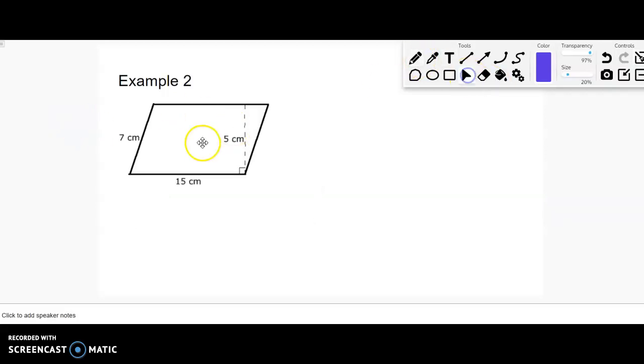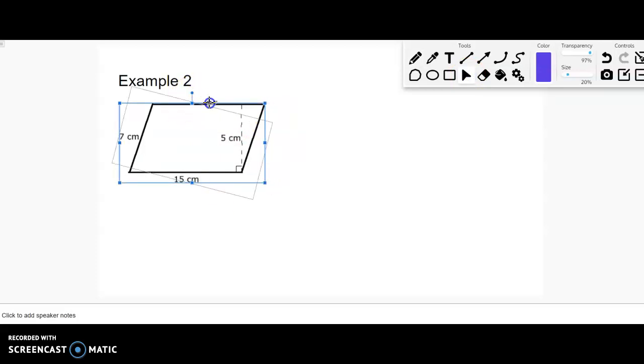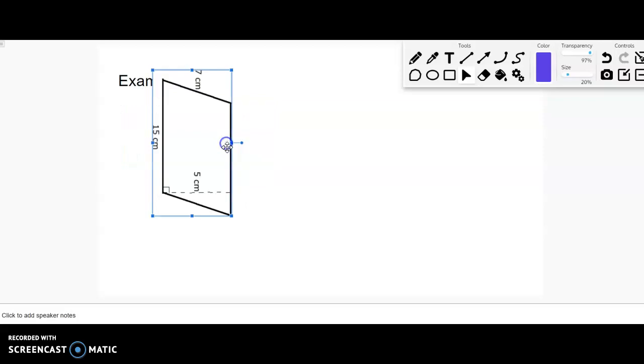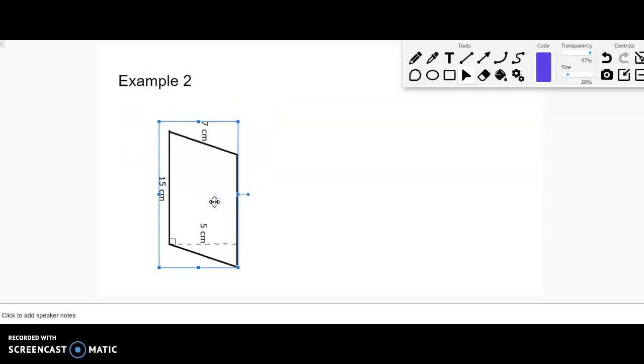But if I had one that was, let me just rotate this one. If I had one that was like this, okay, my base can still be this, and my height can still be this, even though now it's sideways. It still is just the 2 parts of the parallelogram that are perpendicular.